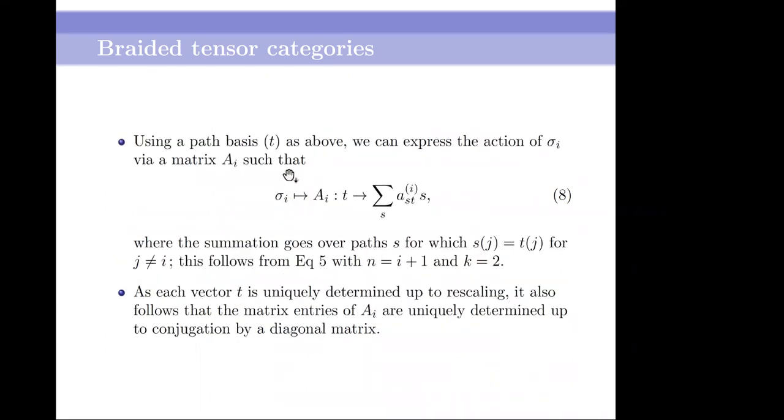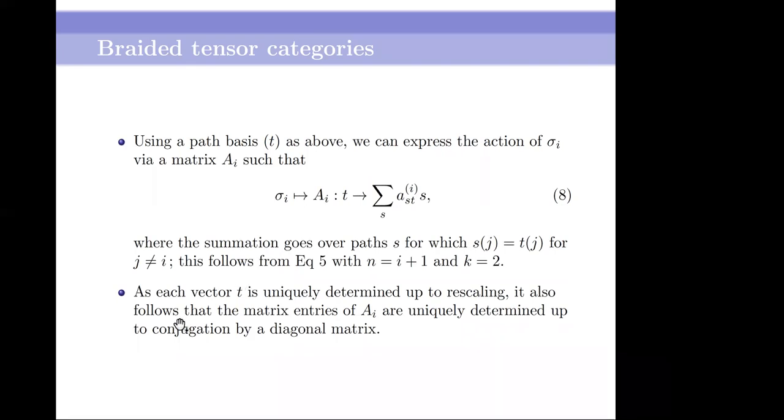And using the path basis with the above, we can express the action of sigma i via a matrix in the following way. In this case, we are considering the representation we defined above on paths, but for paths of length 2, where the summation will go over all the paths S that are different from T only in one position, only in the ith position, given sigma i gets mapped into A_i.